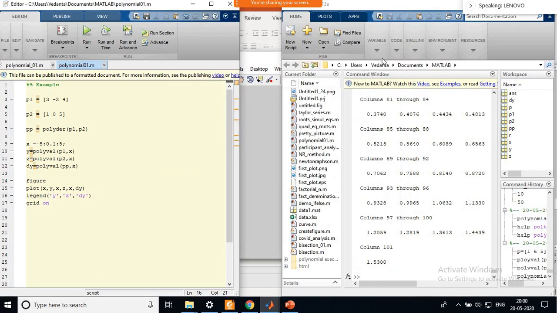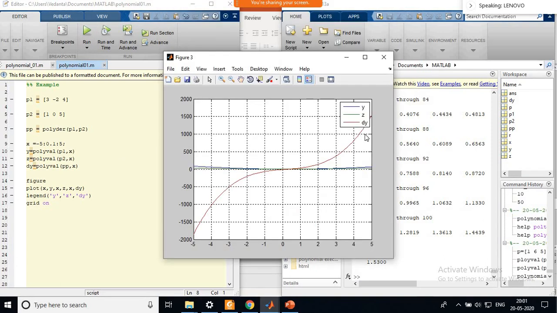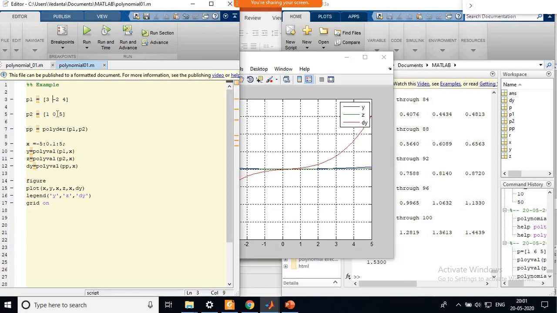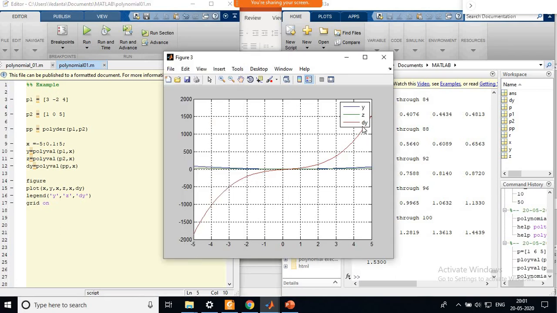Okay. So here the red color indicates the derivative of it. Multiplication of a second order polynomial with another second order polynomial gives me second plus second, it gives fourth order, and the derivative of that gives a third order polynomial. So the shape is the same, no issues. This is a third order polynomial you can get quite easily.